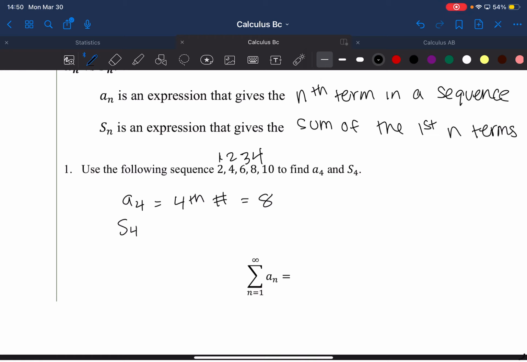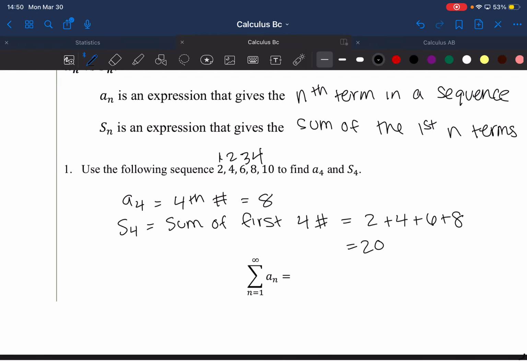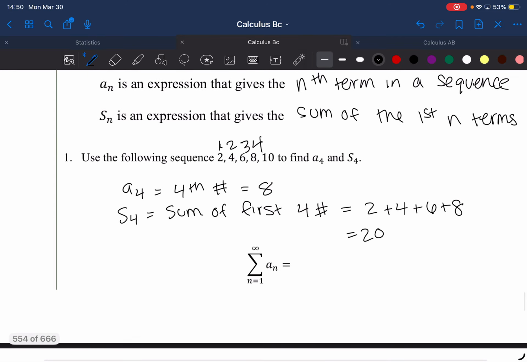S sub 4 is the summation of the first four numbers. So that would be 2 plus 4 plus 6 plus 8, which gives us 20. Okay, so this first part right here is just review.